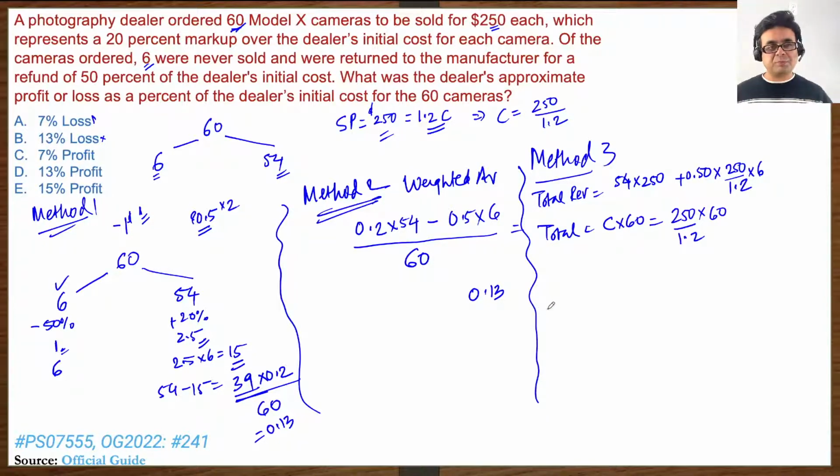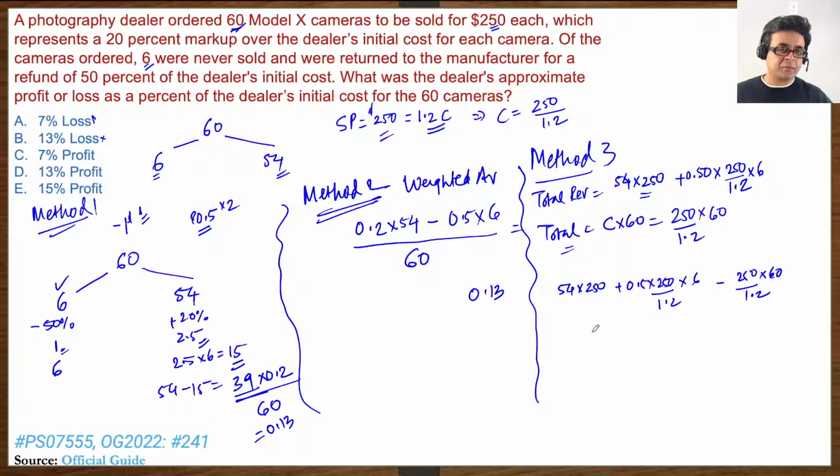The percentage profit or loss would be total revenue minus total cost divided by total cost. So let's write that down as well. So 54 multiplied by 250 plus 0.5 multiplied by 250 times 6 by 1.2 minus 250 into 60 by 1.2 divided by total cost into 60.